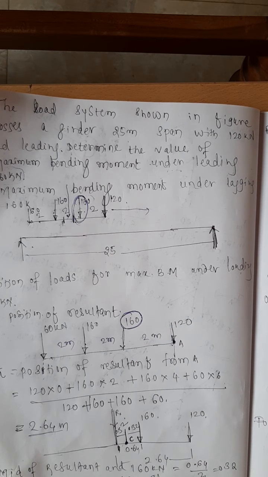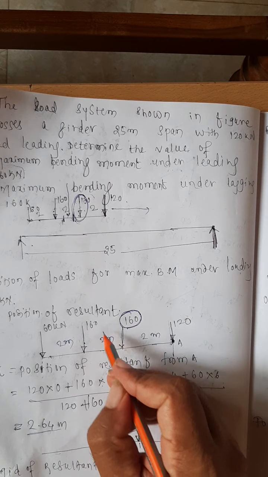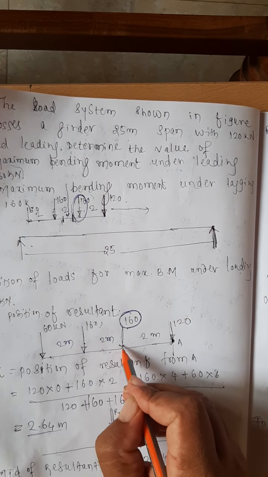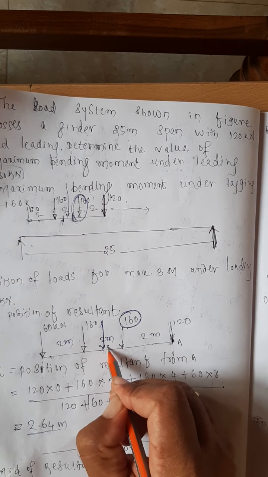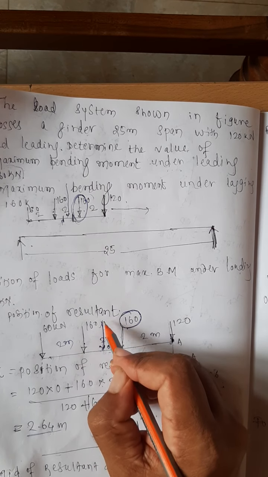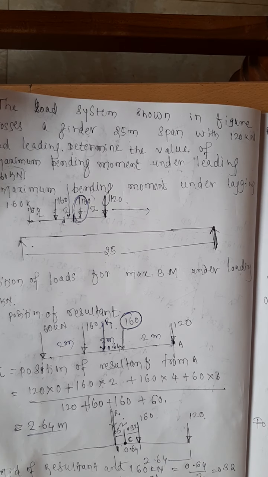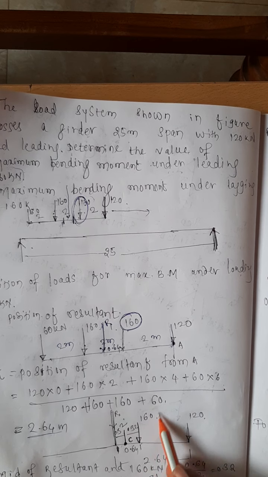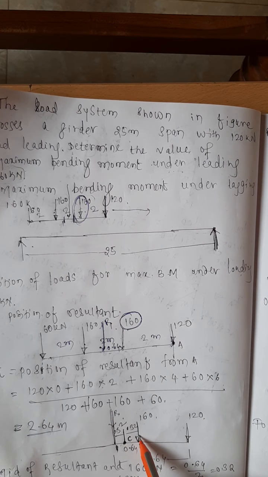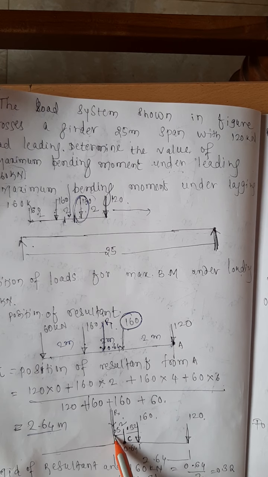Therefore, where that resultant is from this load: from here it is 2.64, means from this load, it is lying towards the left at a distance of 0.64. This is what the resultant load is. So I have marked the same thing here. From 160, the resultant is lying at a distance of 0.64.